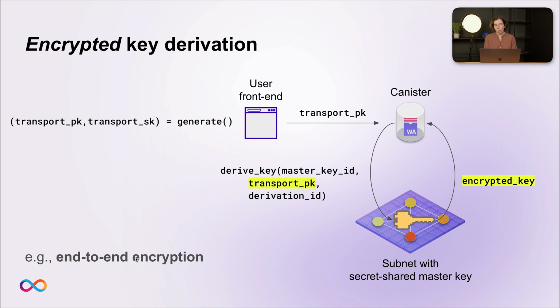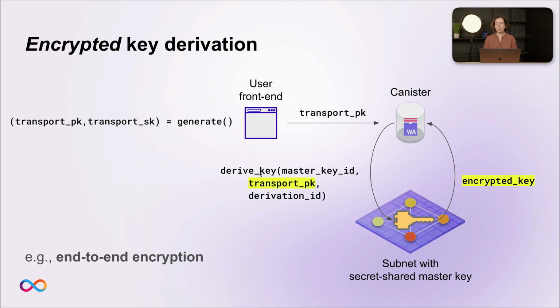And for this, we just need to generate a transport key pair so that we can send a public key to the subnet from which we ask to derive a key and say that, hey, while you're deriving this key, make sure it's encrypted to me under my transport key pair. So as you see in the picture here, I can generate a transport public key and a transport secret key. I send the transport public key to the canister.